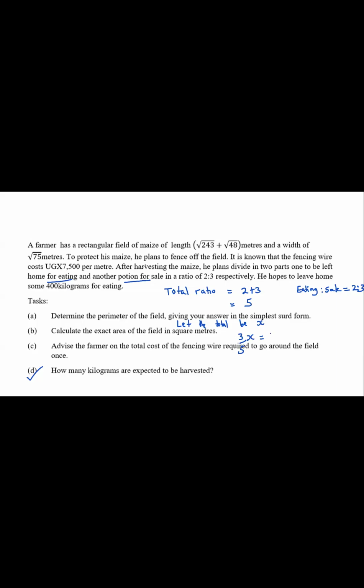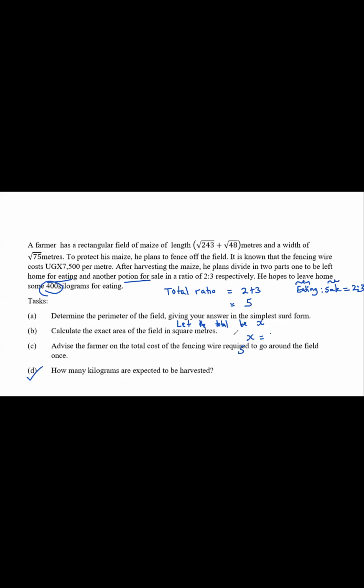Now, we need to first know what is available. Remember, 3 is for sale, and we have been given the amount for eating. So the 400 is for what? It's 2 out of 5.